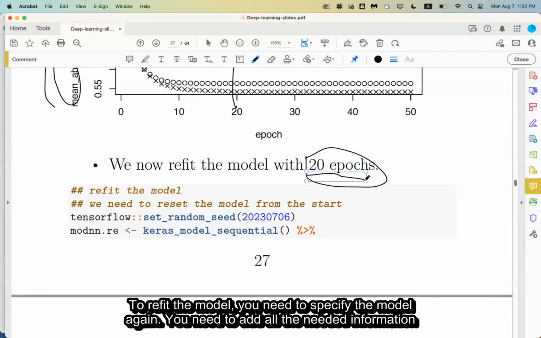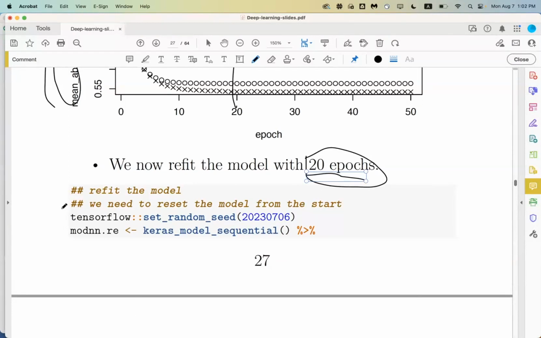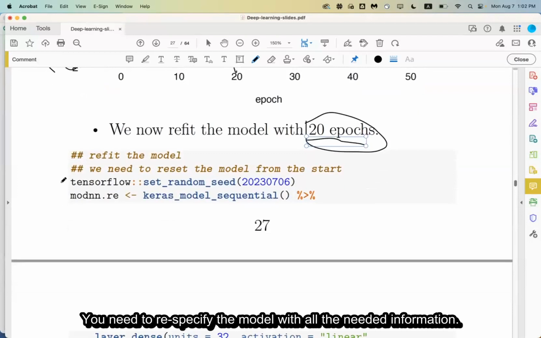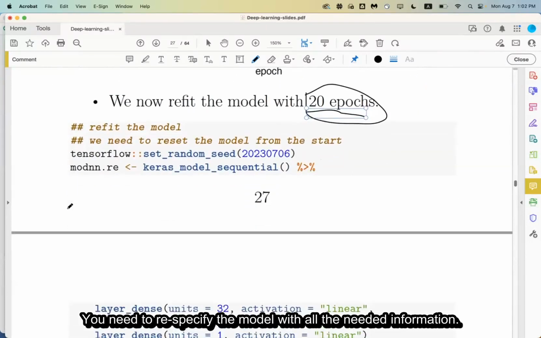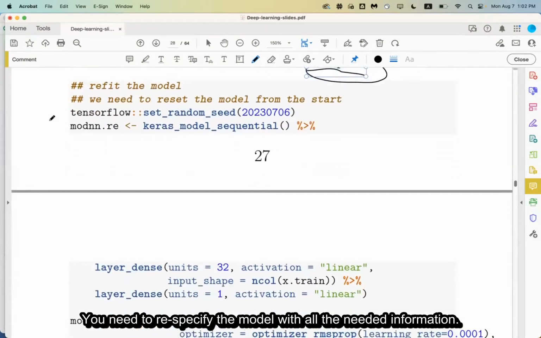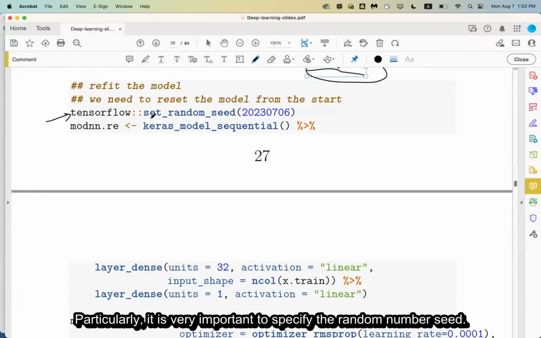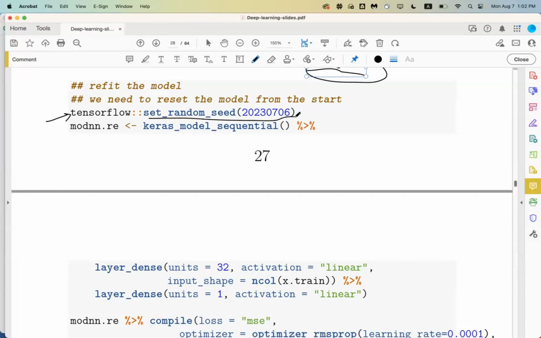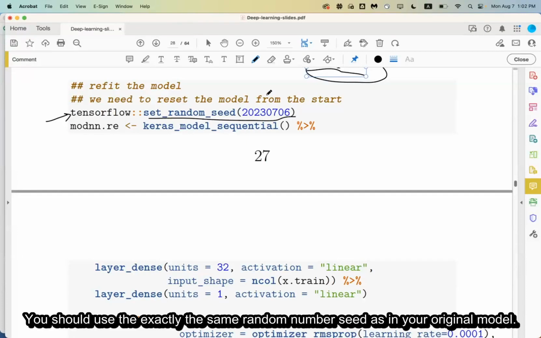To refit the model, you need to specify the model again. You need to re-specify the model in R with all the needed information. Particularly, it's very important to specify the random number seed. You should use the exact same random number seed as your original model.